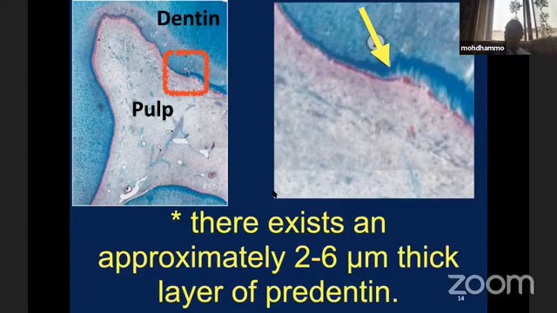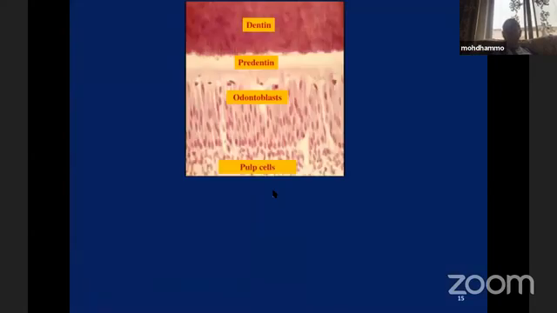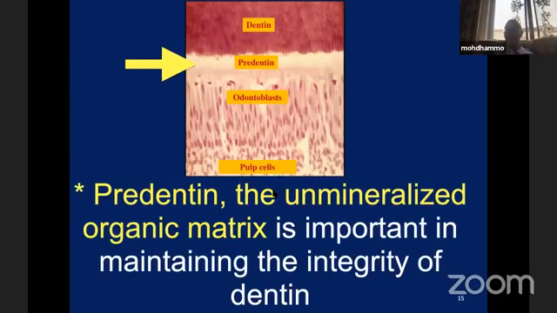Predentine is an unmineralized organic matrix, and it is important in maintaining the integrity of the dentine. So now we are looking at the odontoblast, then predentine, then dentine. And remember, predentine is an unmineralized layer.